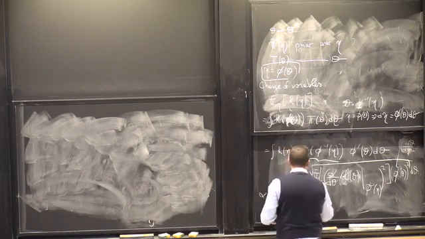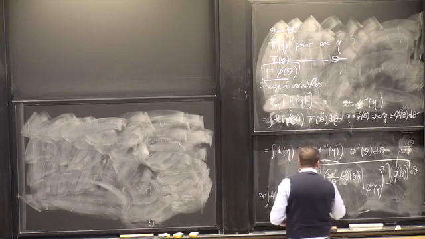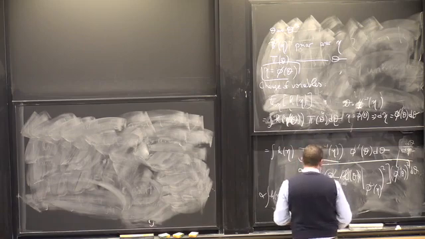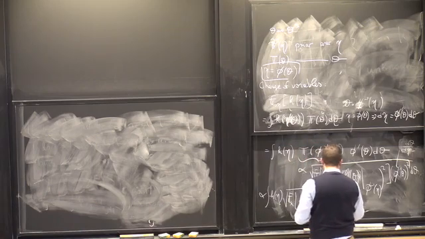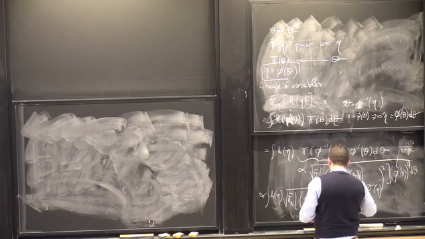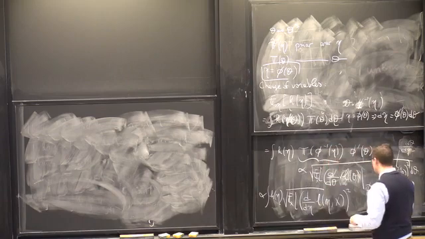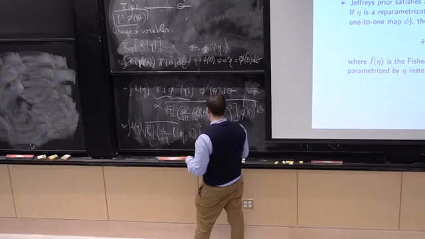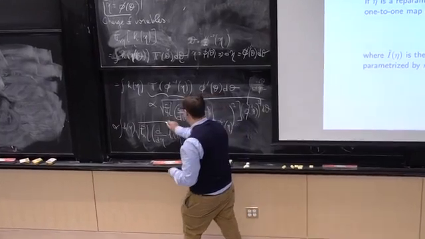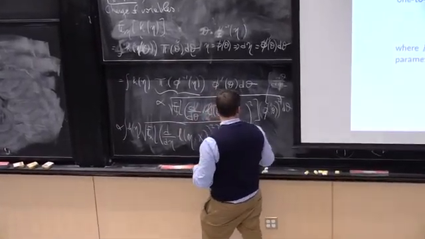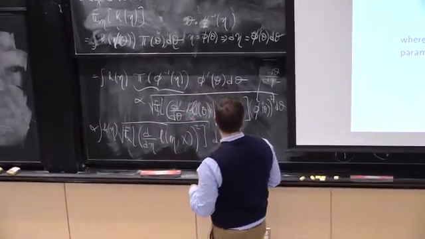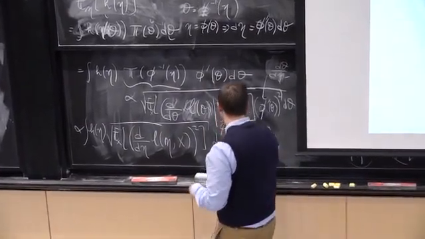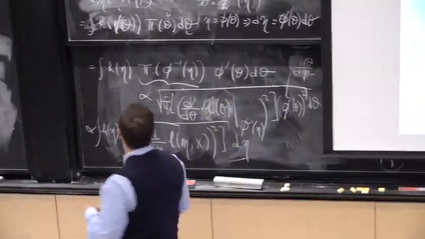So that's just d over d eta of the log likelihood of eta, x. And then this guy is now becoming d eta, right?